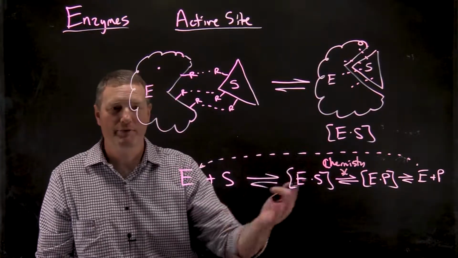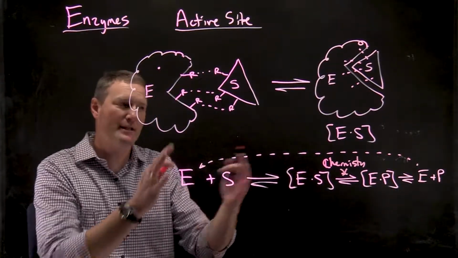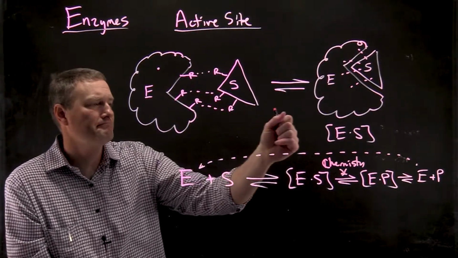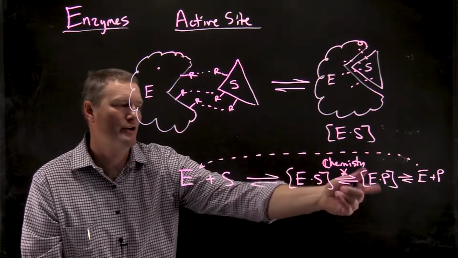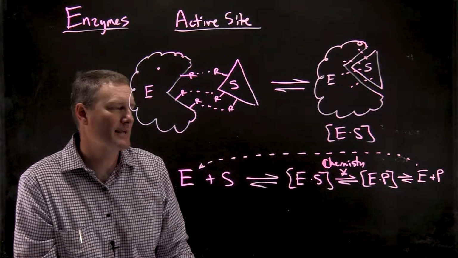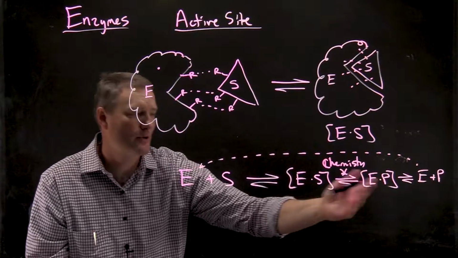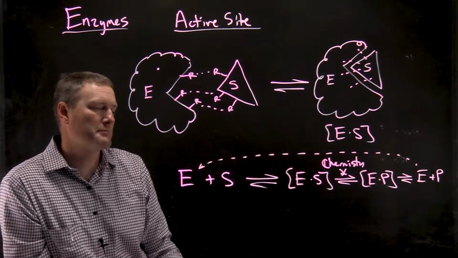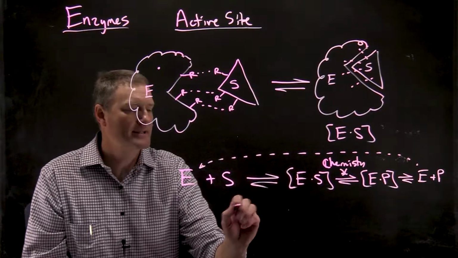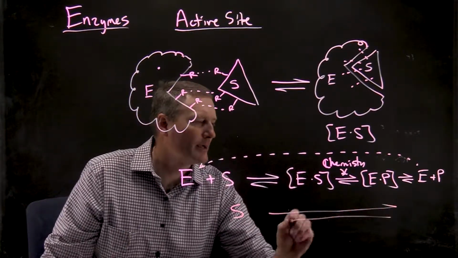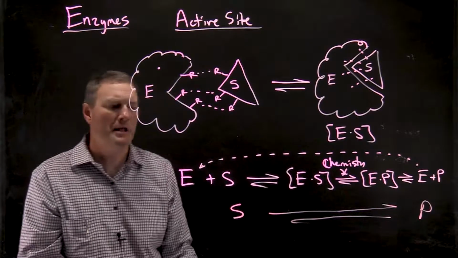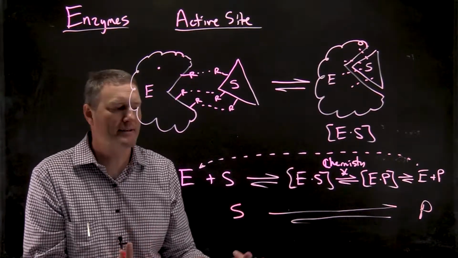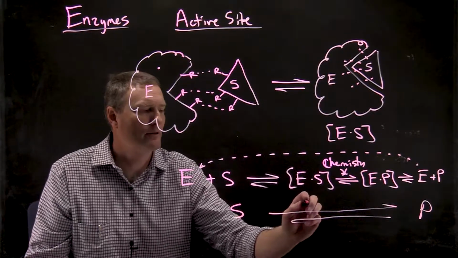One important note that I'll finish off with this part is that all of these are reversible interactions. So the binding of substrate to make the ES, the conversion to the EP product complex, and then finally here, these are all reversible processes. But just to give you an idea, let's say a reaction S going to P. Let's say that reaction, if you didn't have any catalyst, maybe took, I don't know, 3 days.